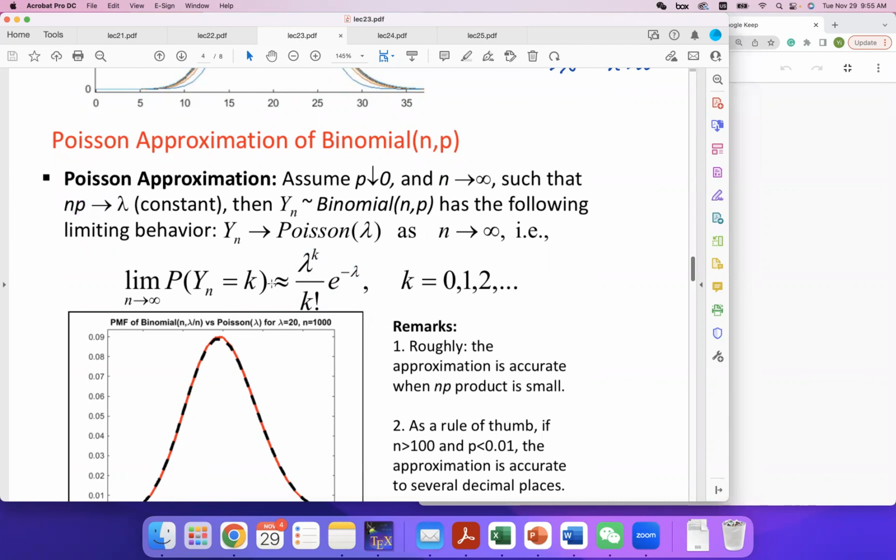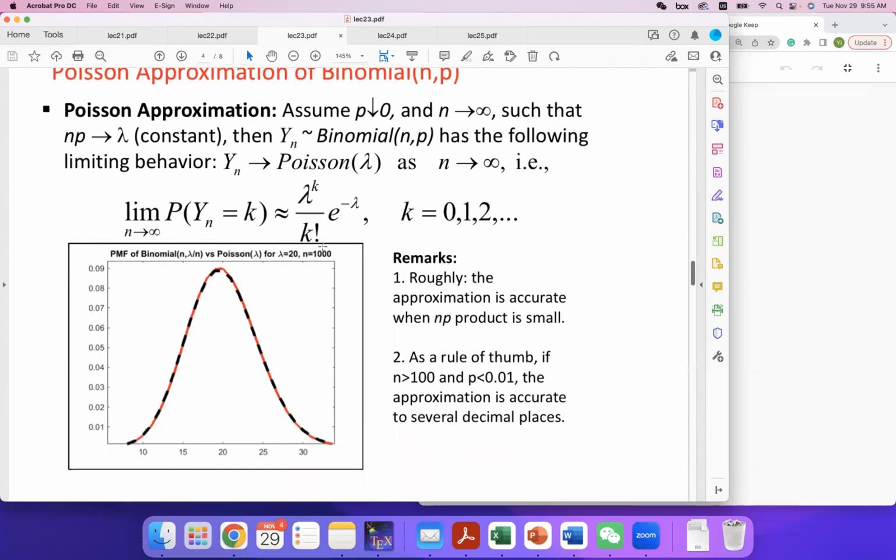So once you know lambda, you can approximate this binomial distribution using this Poisson(lambda) distribution. This approximation is accurate when the product is a numerically small constant. For example, n times p is 0.1 or 0.01. Then this Poisson approximation is going to be very accurate.